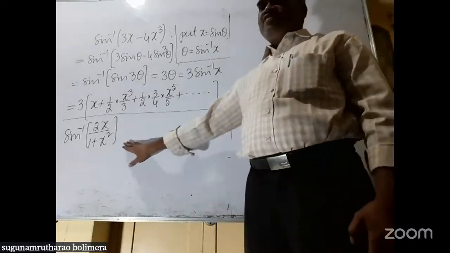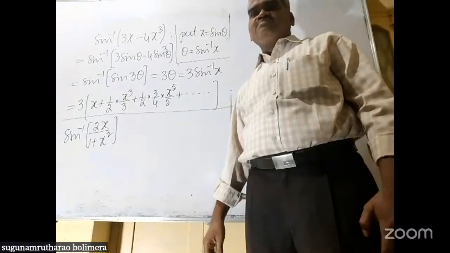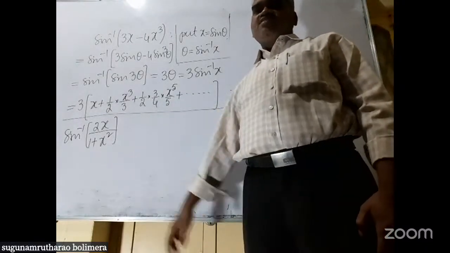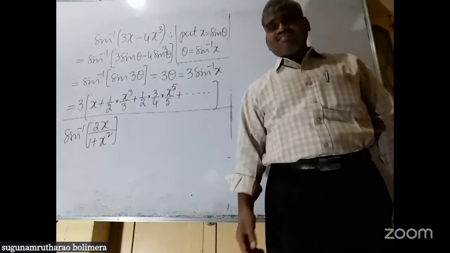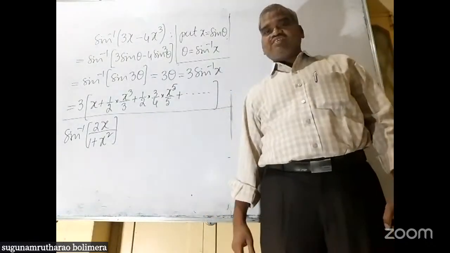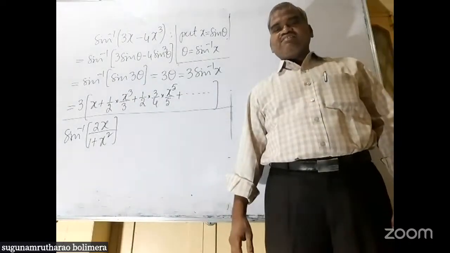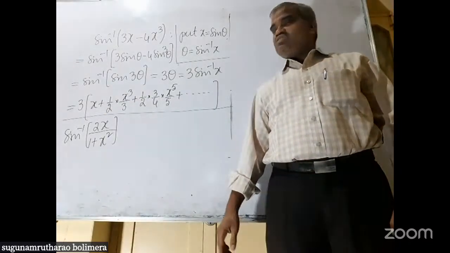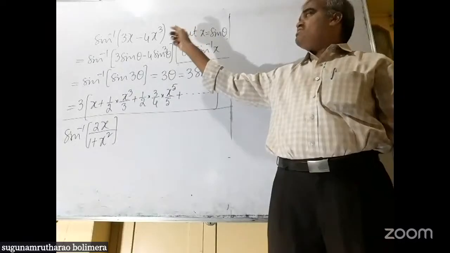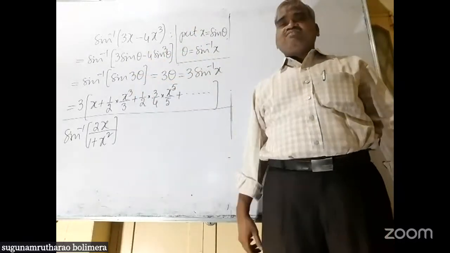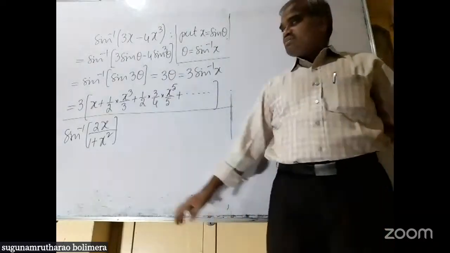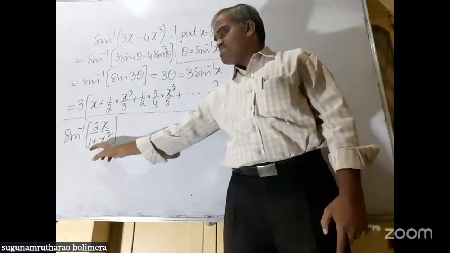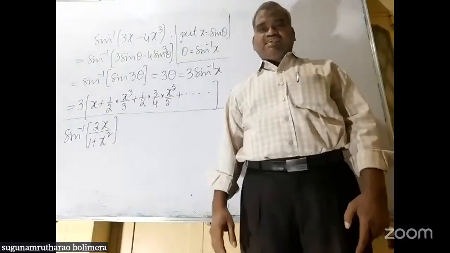So here also for this expansion, if you do remember the trigonometric formulas, then you can do it very easily. So the other one is the sine 3 theta formula. If you put sine theta by 1 plus sine square theta, you won't get anything.